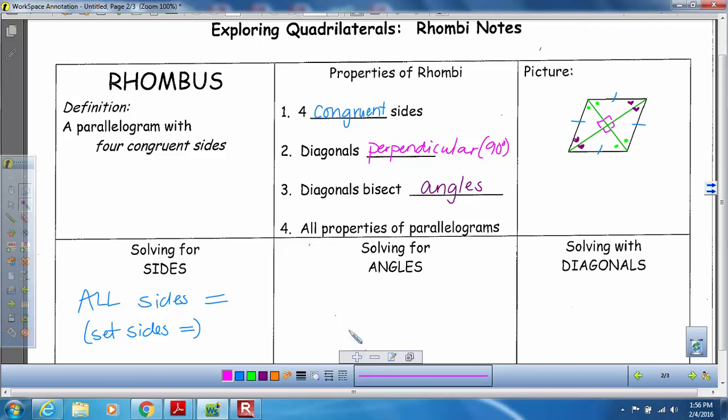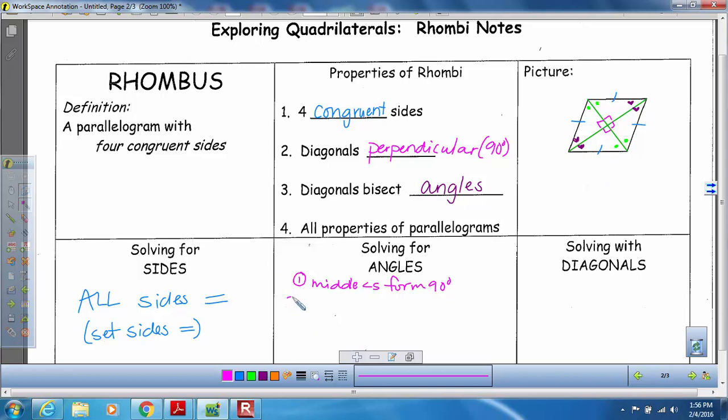If I was going to solve for the angles, there's a couple things we can do here. First, our middle angles form 90-degree angles. So all of these right here form 90 degrees.